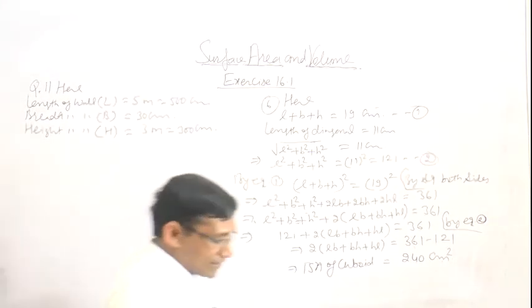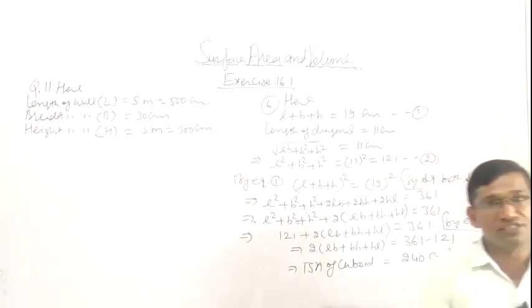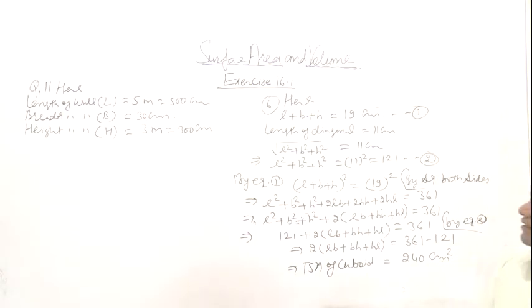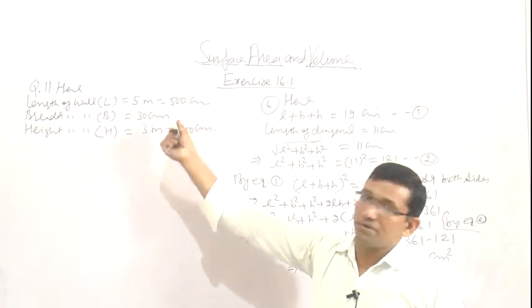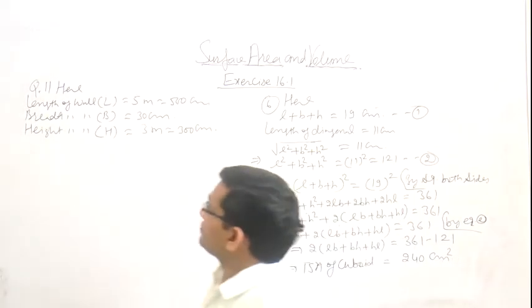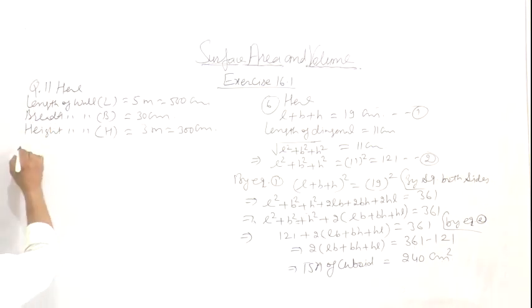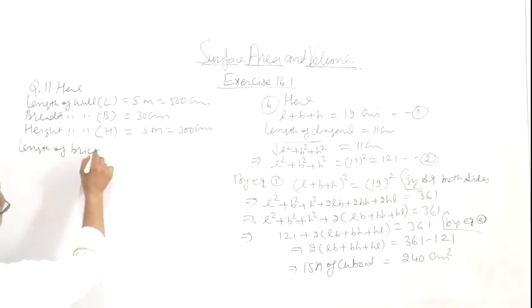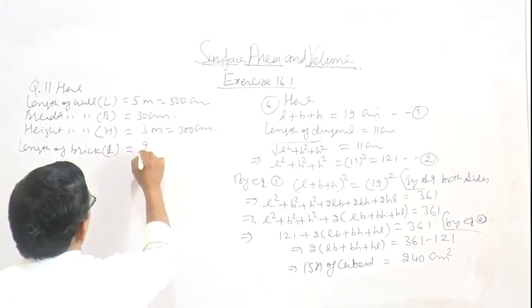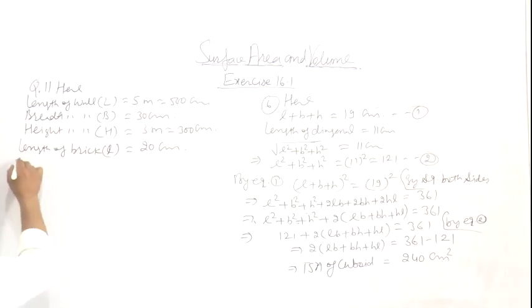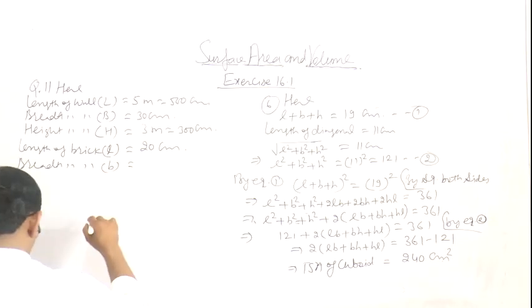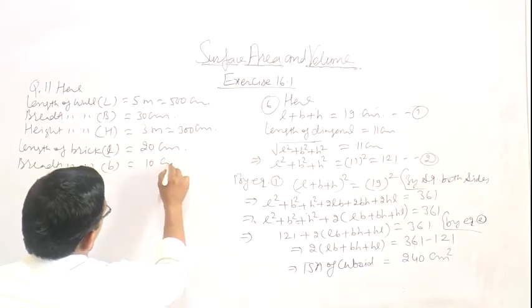First we make everything in the same unit. We will first change the dimensions into the same unit, centimeter; otherwise we can also change them into meter. Okay, similarly dimensions of bricks. Length of brick, it means small l, is 20 centimeter. Breadth of brick is represented by b, that is 10 centimeter.